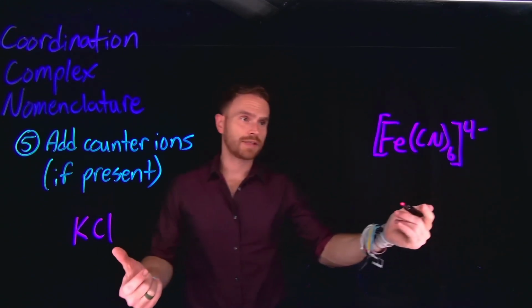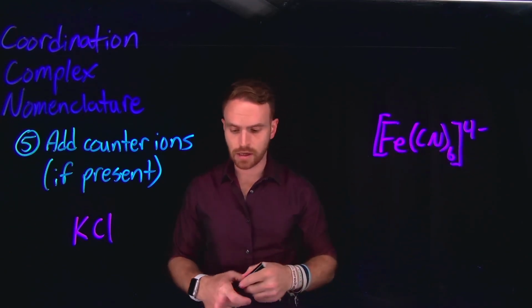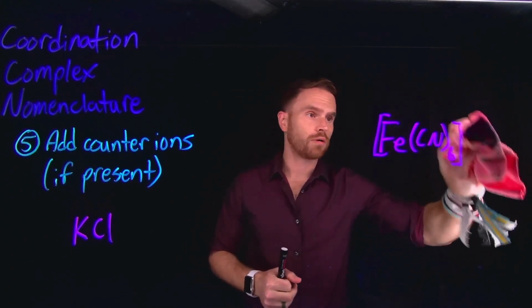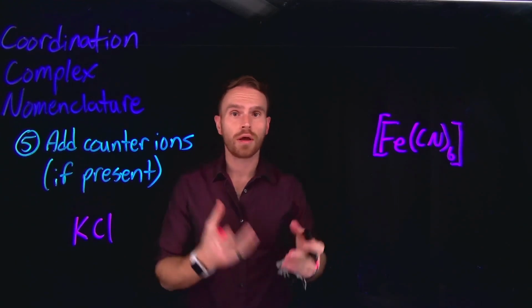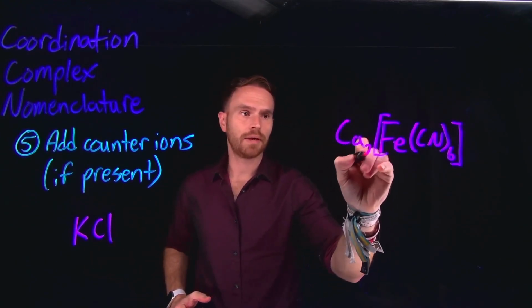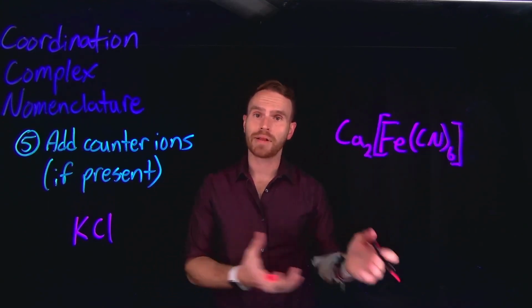So, oftentimes what you'll see is the full ionic compound of something like this. We know that this overall has a 4- charge, but what you may see instead is the full ionic compound. An example of this might be Ca2 followed by the rest of our complex ion.